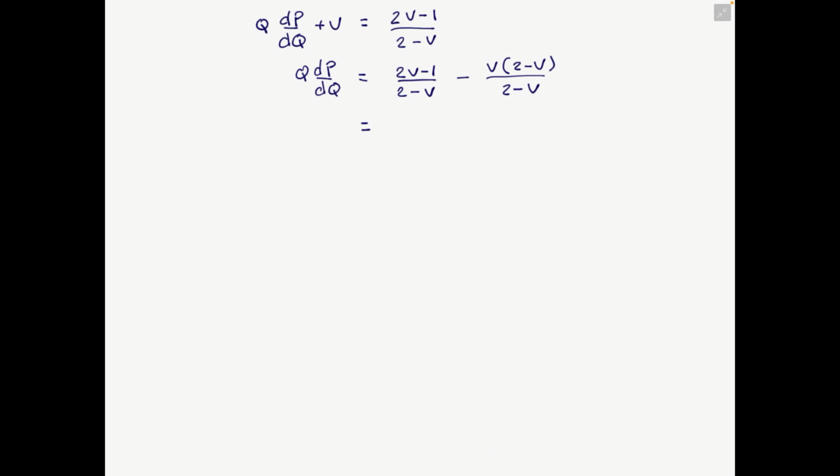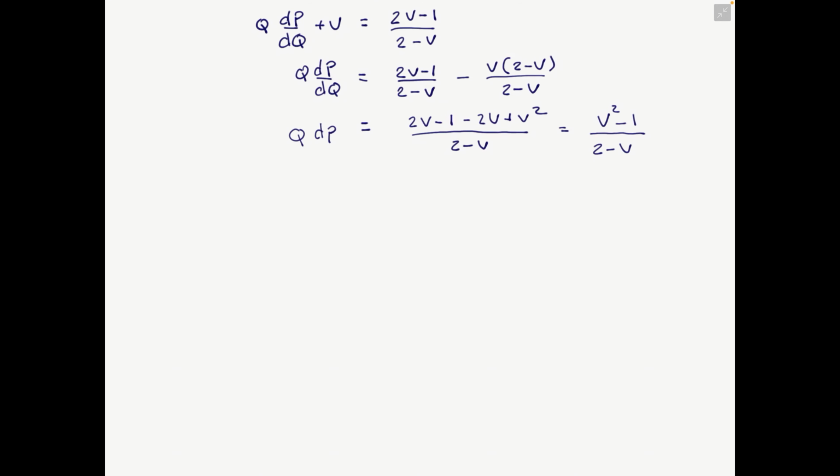Okay, so we got 2v minus 1 minus 2v plus v squared on 2 minus v. That's equal to v squared minus 1 on 2 minus v.